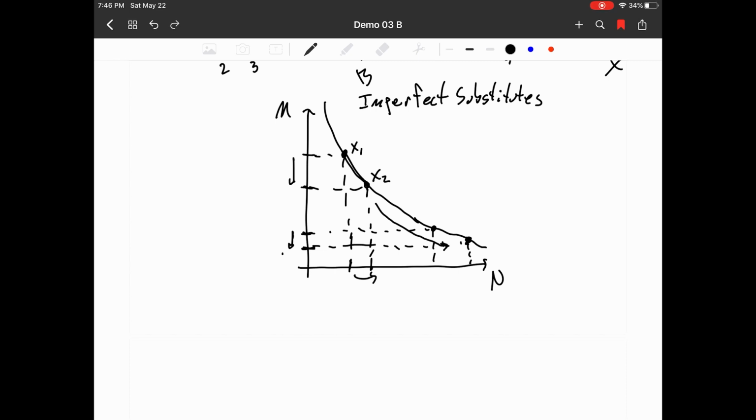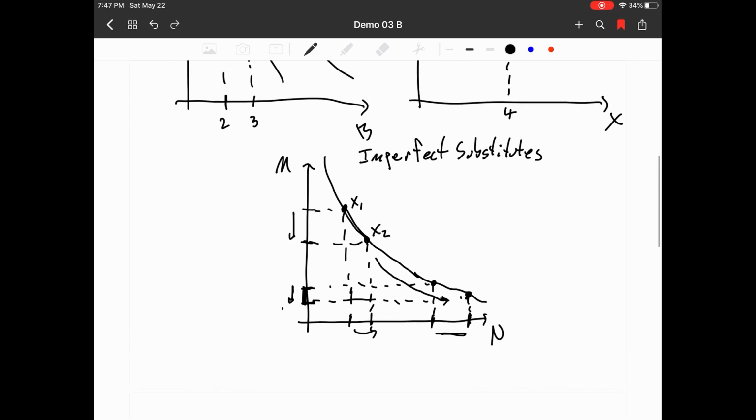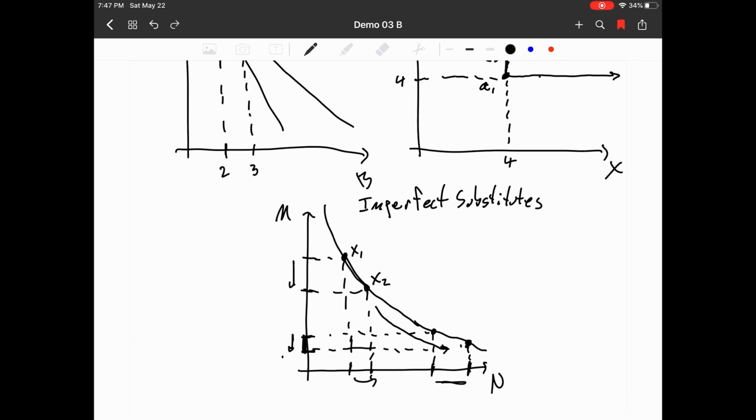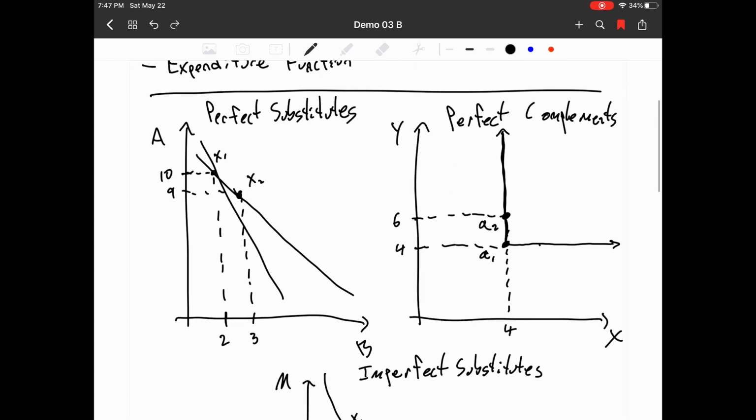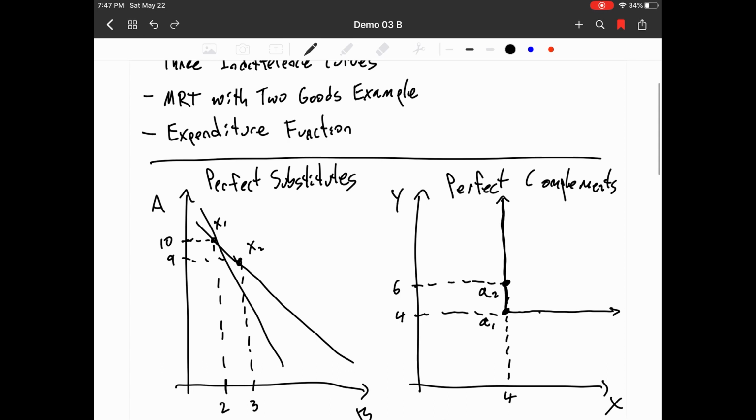When we trade off just a little bit of m, we can get a lot of n. So this is generally the type of behavior we would see with imperfect substitutes. Okay, so just a little bit of a note on different shapes of indifference curves. The shapes really do affect the relationships between the two different goods that we're modeling.